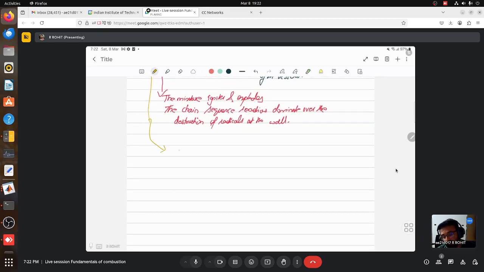When your pressure is way greater than 50 mm of mercury, the mixture becomes non-explosive.